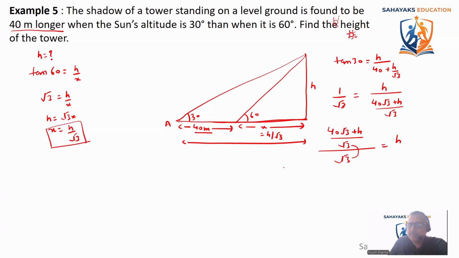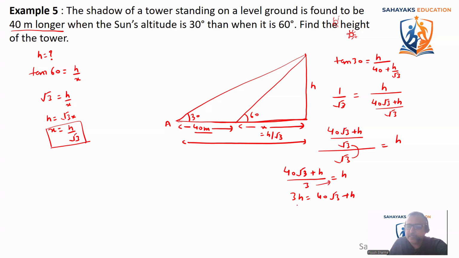So it becomes 40 root 3 plus h divided by 3 is equal to h. We'll multiply 3 here, so it becomes 3h is equal to 40 root 3 plus h.